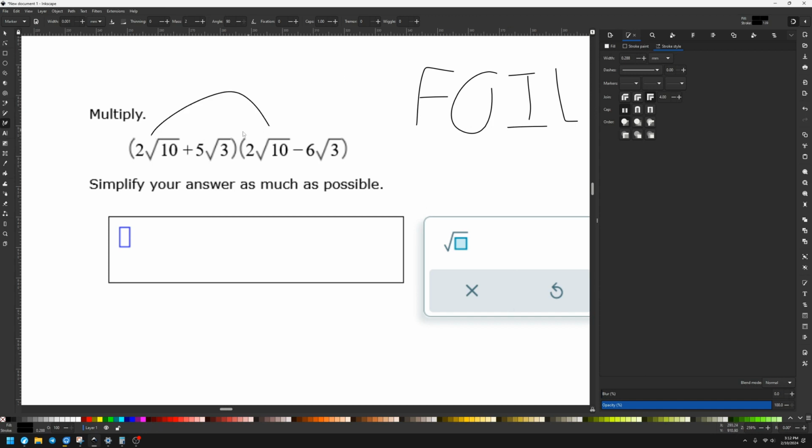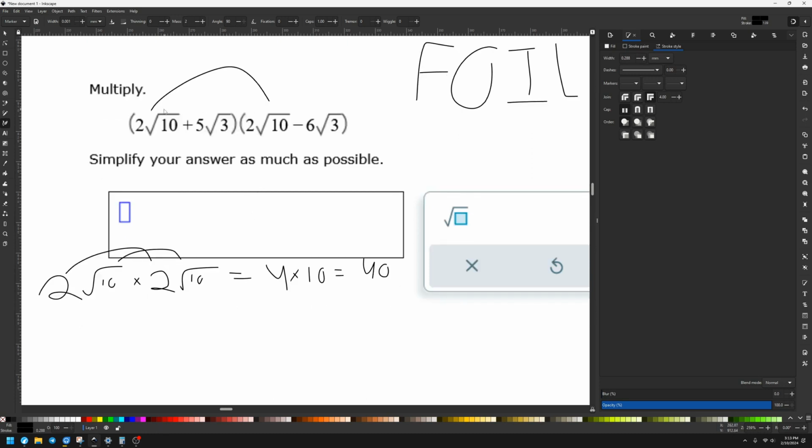First terms is 2 root 10 times 2 root 10. We're going to multiply the 2's and multiply the square root of 10's. So 2 times 2 is 4, and the square root of 10 times the square root of 10 is just 10. So we're going to have 40 for our first term.